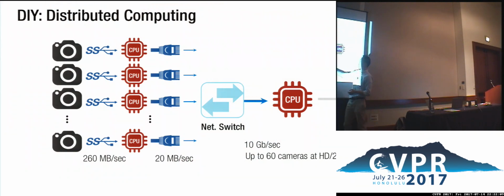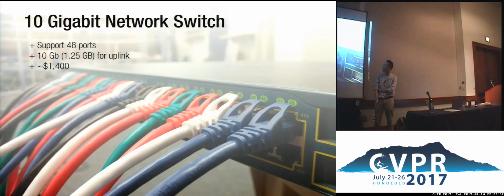So this is the system that we have, where there's a small Odroid connected to the cameras, and the cameras communicate with the main server using a 10 gigabit network switch. And this network switch is strong enough to drive up to 60 cameras at 200 frames per second. Okay?